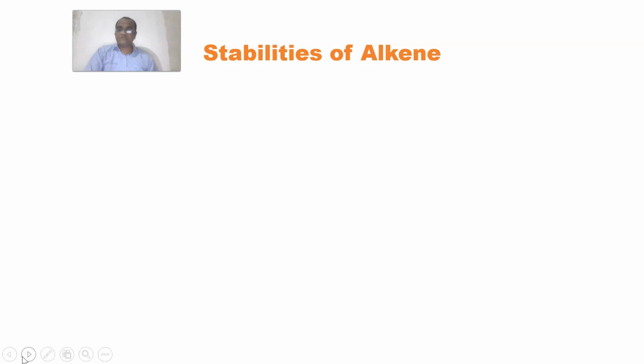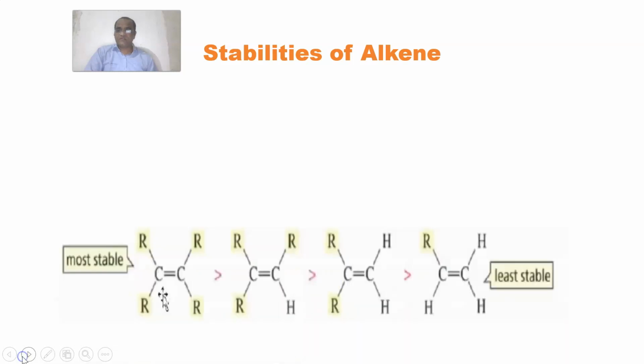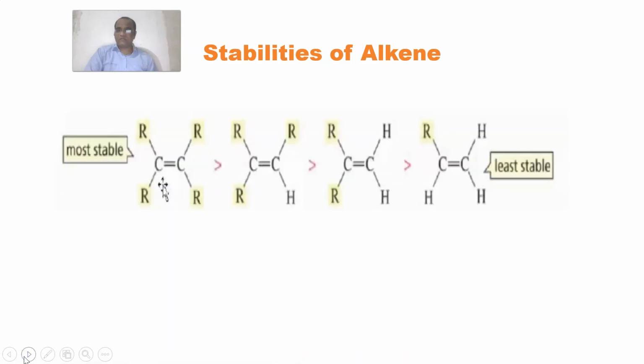In accordance with this Saytzeff's rule, I can explain it with the stabilities of alkenes. I have shown you some stabilities of alkenes. Here you can see this alkene is tetra substituted, right? Tetra substituted means it has four different R groups, and after that come tri substituted, di substituted, and mono substituted.